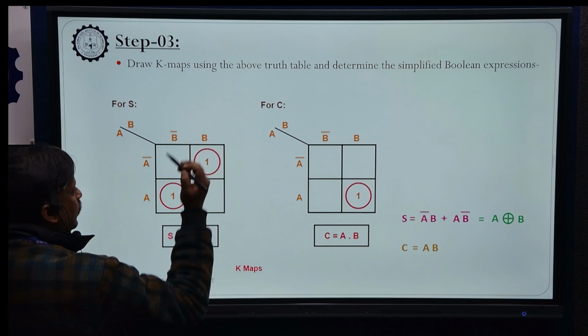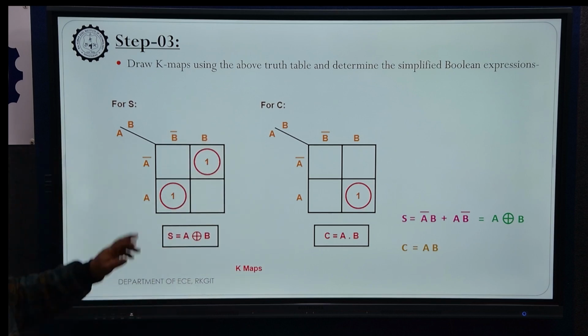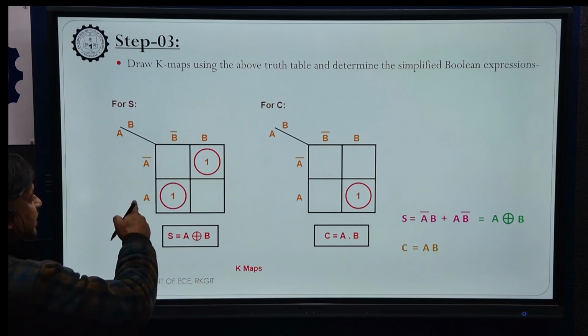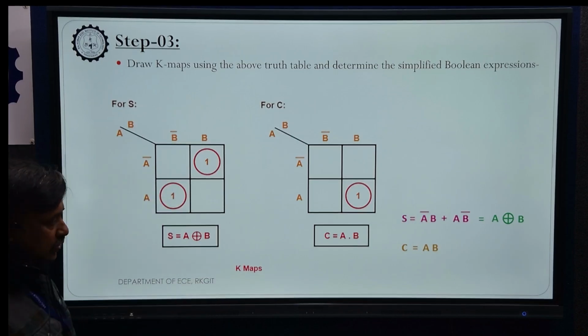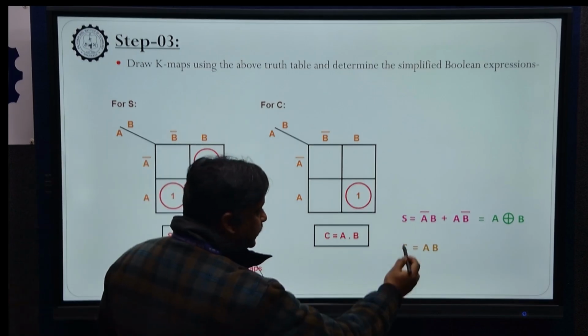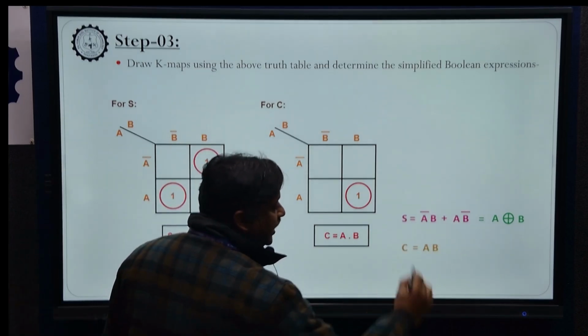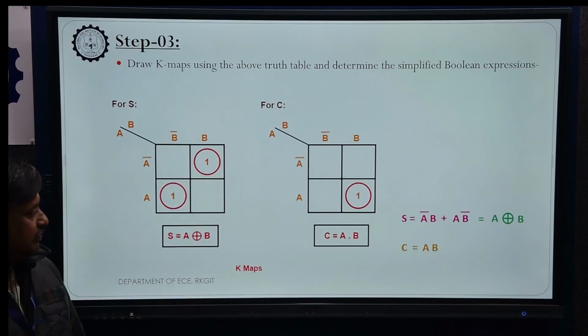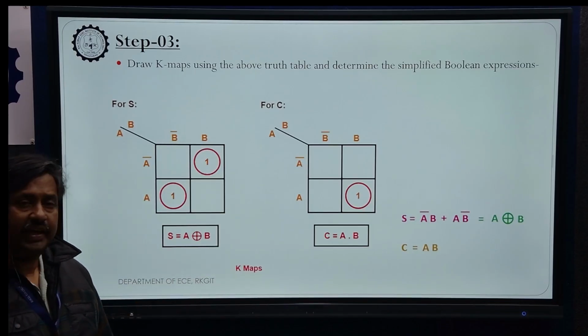I can say this is group 1, this is group 2. The first group gives A bar B, and the second one is A B bar. So if you go to the relationship, group 1 and group 2, sum is equal to A bar B plus A B bar. So we got the output relationship, sum is equal to A bar B plus A B bar.